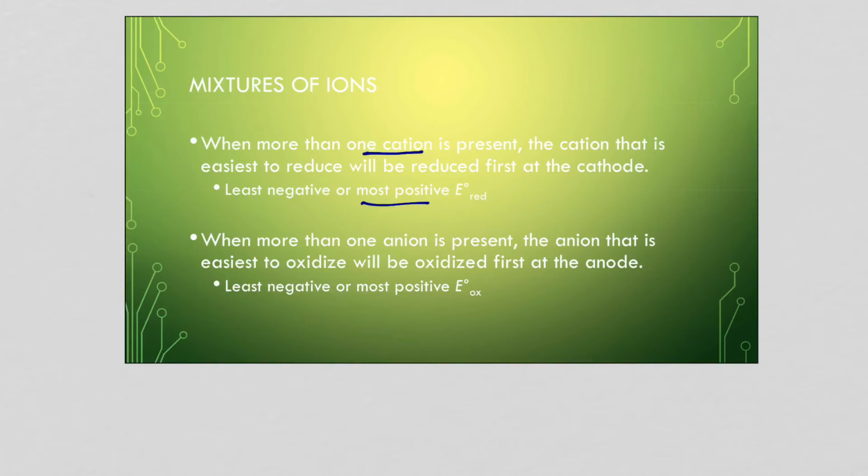So you don't typically run into these problems where you're producing multiple different metals. Typically, you'll have the one that's easiest to reduce first, and then the second one. And same thing at the anodes, right? The negative ion, the one that is the easiest to oxidize, will have the least negative, most positive oxidation potential.